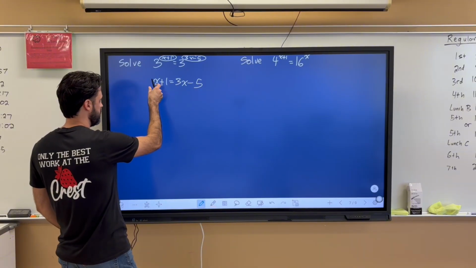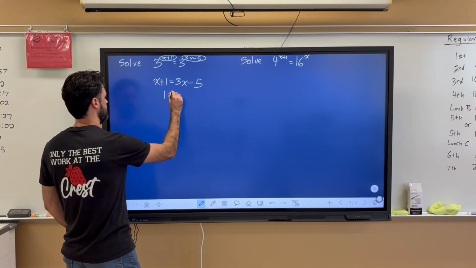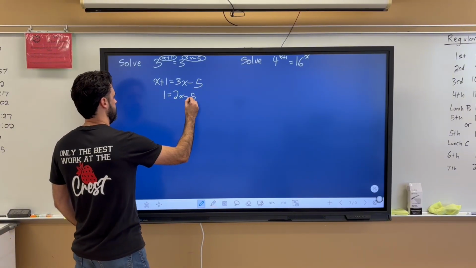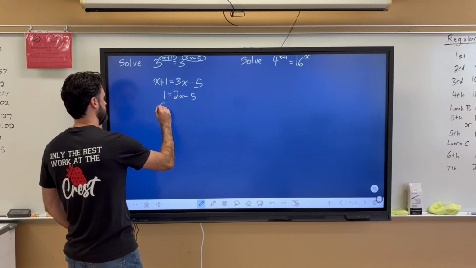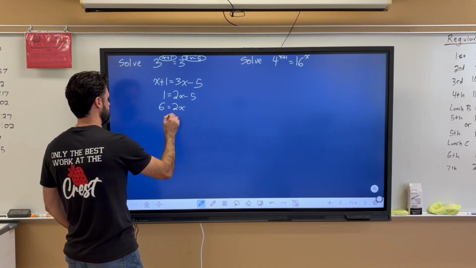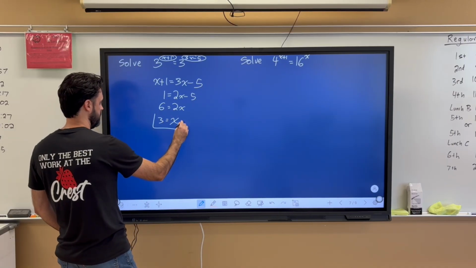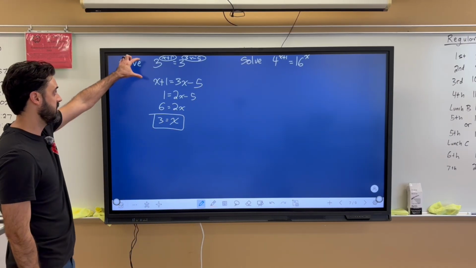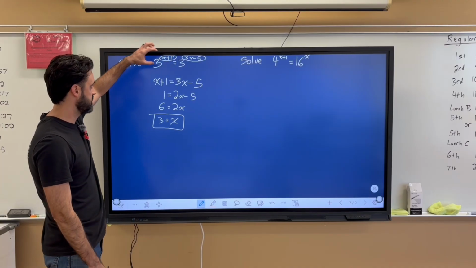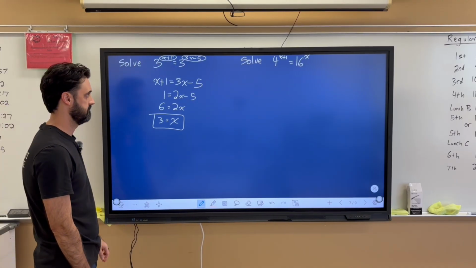And then all we have to do is subtract x on both sides. Add the 5 over, and then divide both sides by 2 to give us x equals 3. All right, and that's it. That would be the answer to that first one. So if the bases are the same, it's relatively straightforward. You set the exponents equal, solve for x.